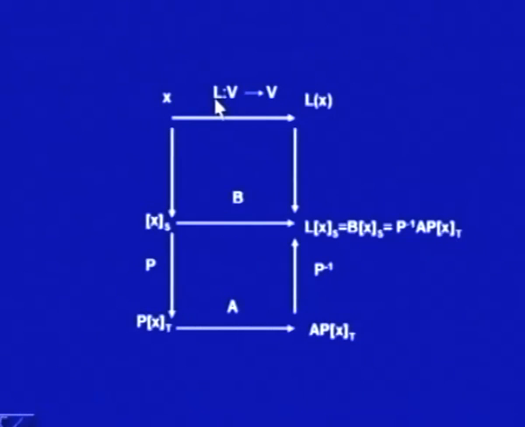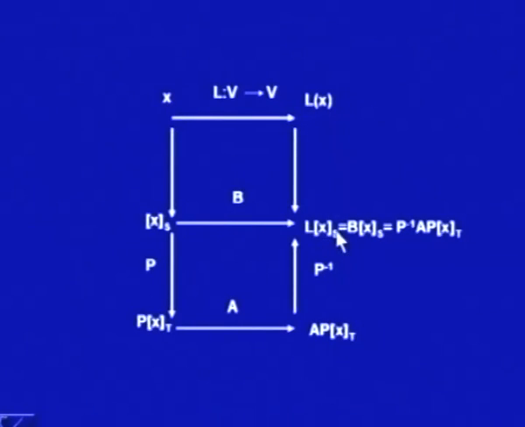Let us say we have a linear transformation, in fact a linear operator from V to V, where V may be Rn. Then any vector x under this operator will map to Lx. Let us say there are two bases for V, S and T. So, x_S denotes the coordinates of this vector x with respect to basis S, and x will map to Lx.